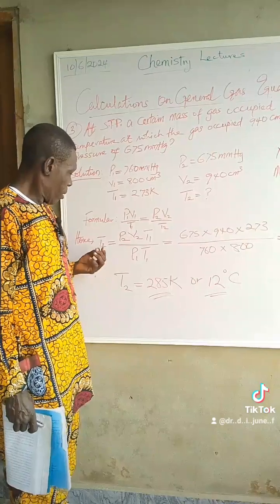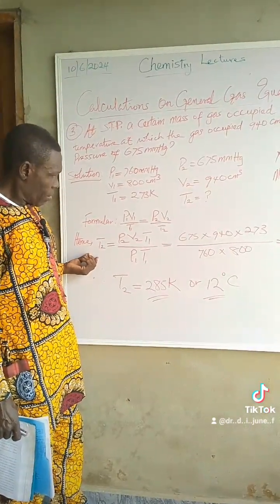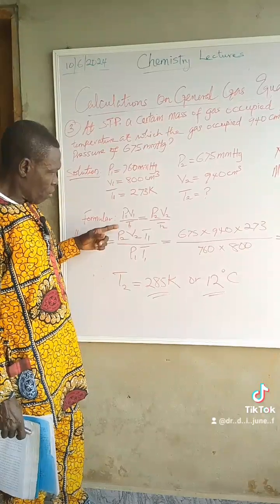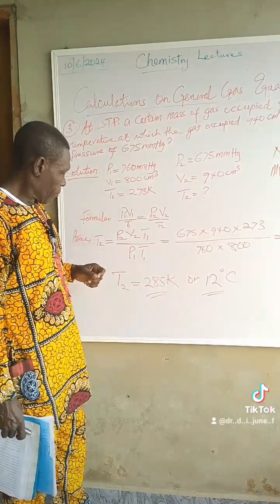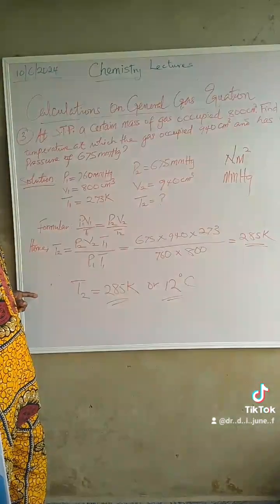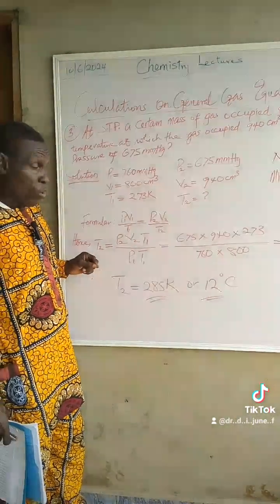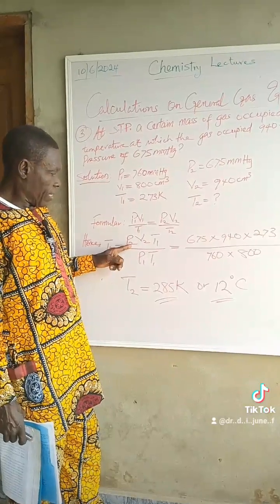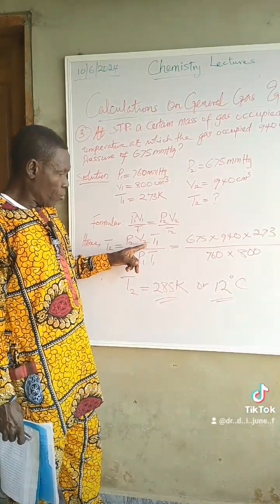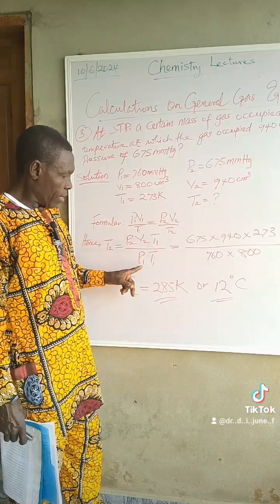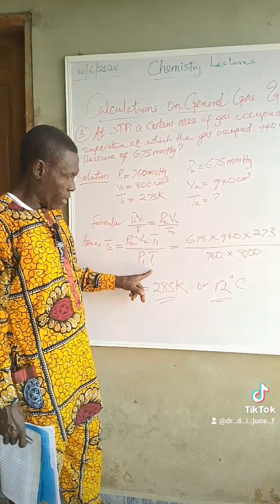When you have cross multiplied and taken T2 out as the subject of the equation, it means that T2 equals P2 V2 T1 all over P1 V1.